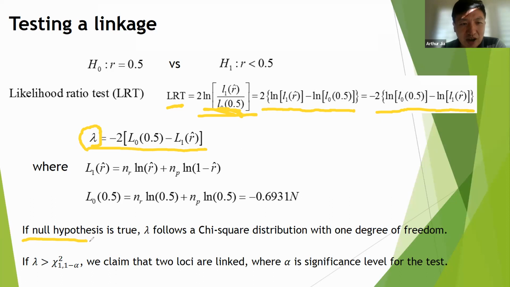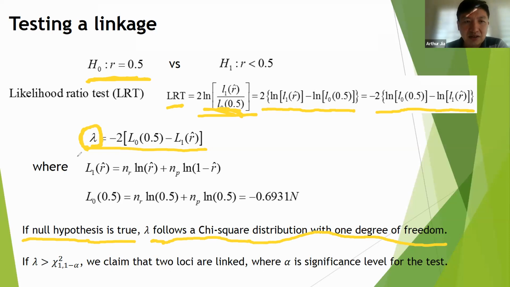So if the null hypothesis is true here, meaning these 2 loci are not linked, they are independent, then this lambda, the log likelihood ratio statistic, will follow a chi-square distribution with 1 degree of freedom. And I believe everyone knows how to use the chi-square table, right?